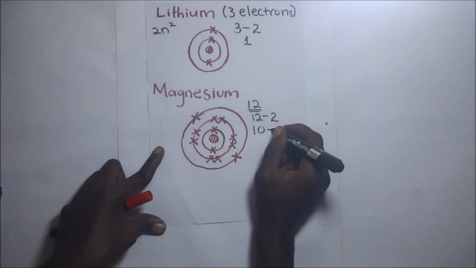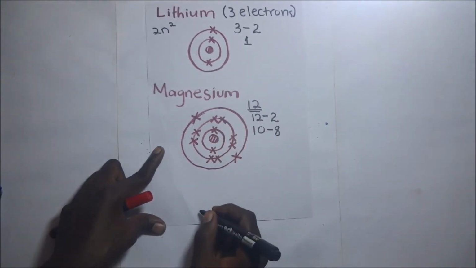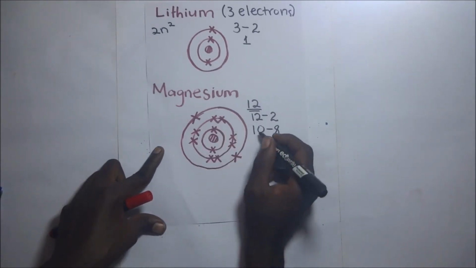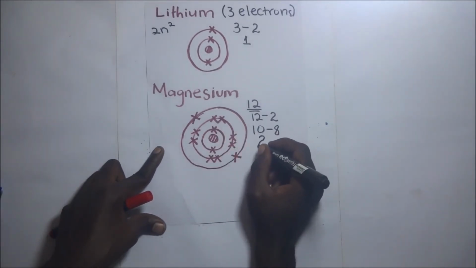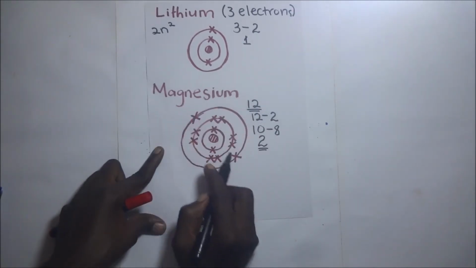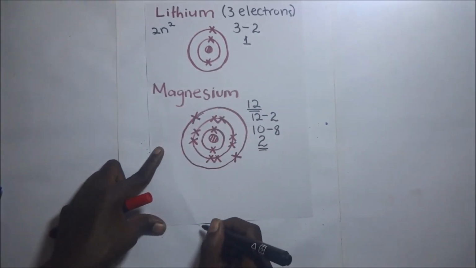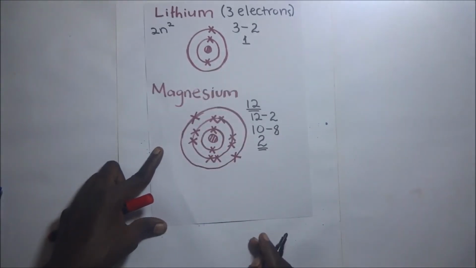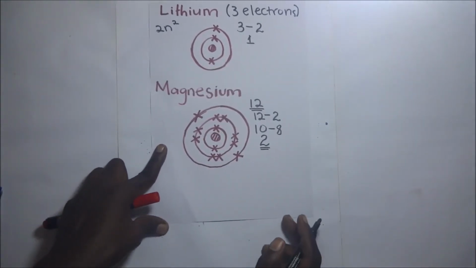The second energy level can accommodate only 8, because that's the maximum it can carry. Because of that, it leaves 2 electrons without space, and these 2 electrons will occupy a position on the third energy level. So that's how we come up with lithium and magnesium, or the atomic structure of any element.